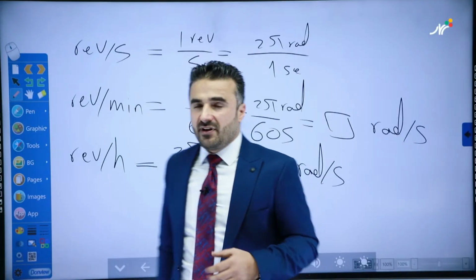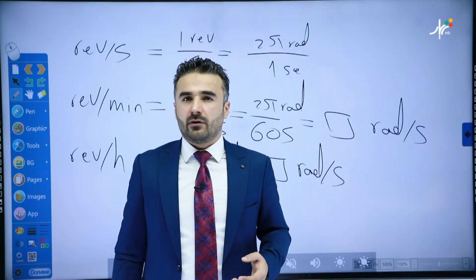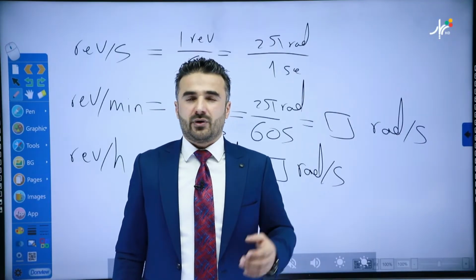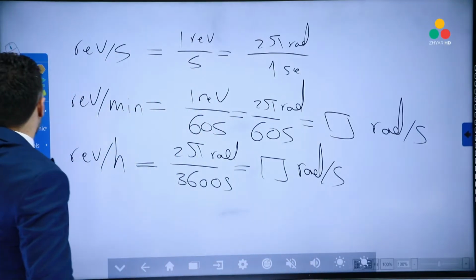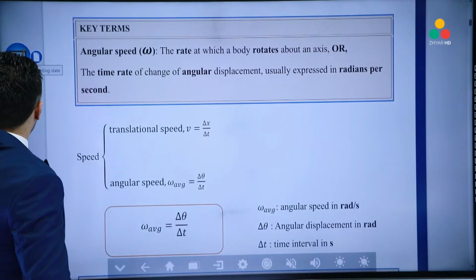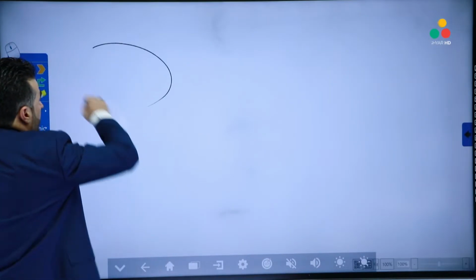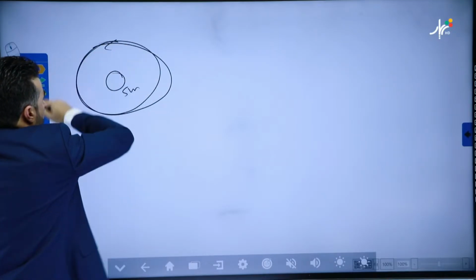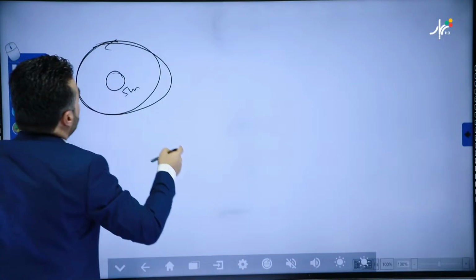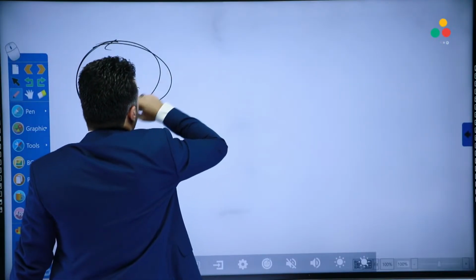Okay, now what if it is, for example, like revolutions per day, or even per year. Yeah, we have a revolution per year as well. For example, when the Earth revolves about the sun, it completes 1 complete revolution. Of course, if this is the sun, right, it completes 1 revolution in 1 year. So, how to convert this angular speed here?